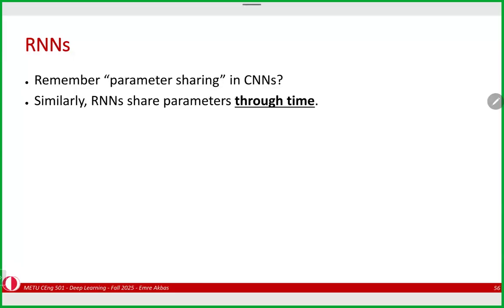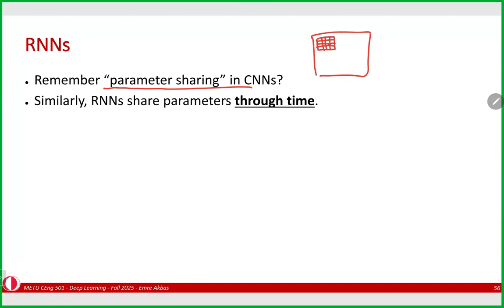So if you remember parameter sharing in CNNs, which is the fundamental property of CNNs, which means if I have this input image and if I have, let's say, a 4x4 kernel, I use the same kernel weights for all locations in the image, and that's called parameter sharing.